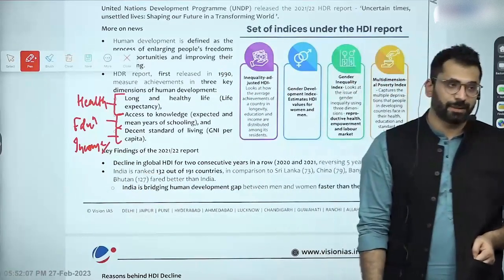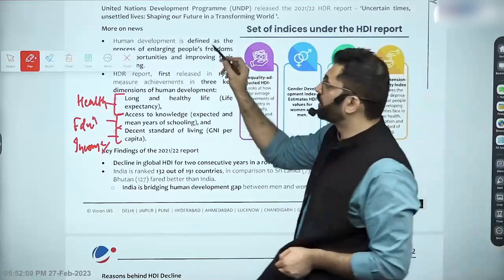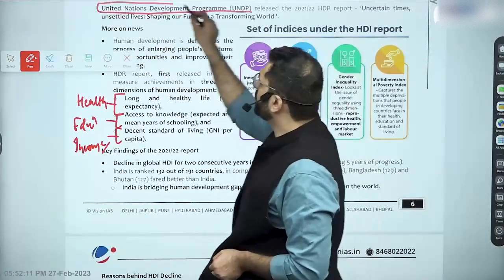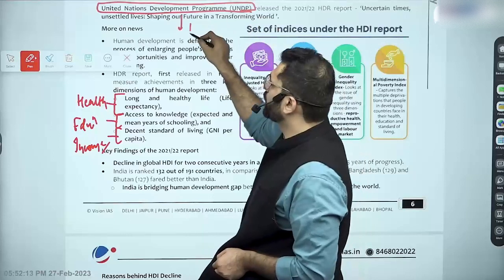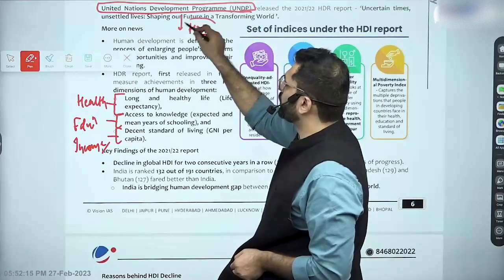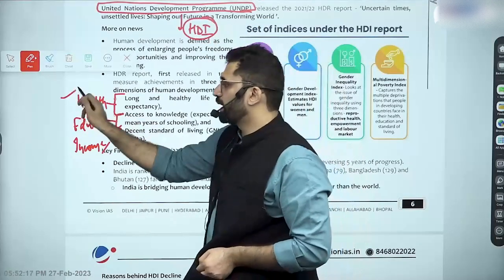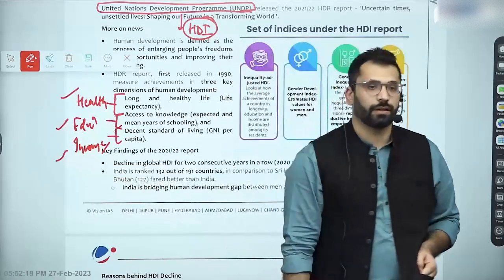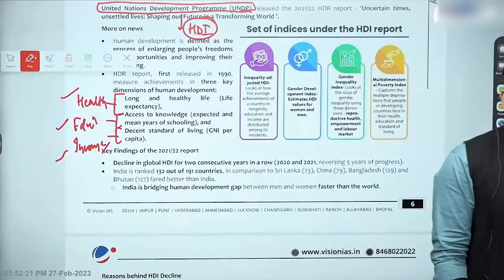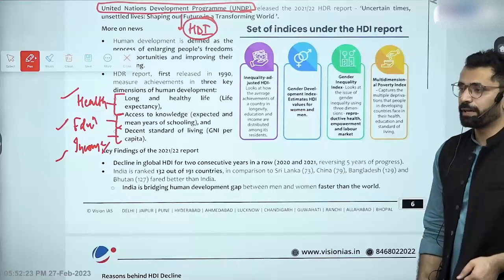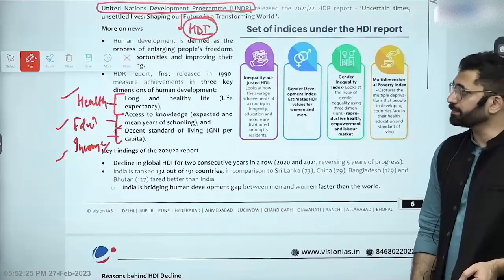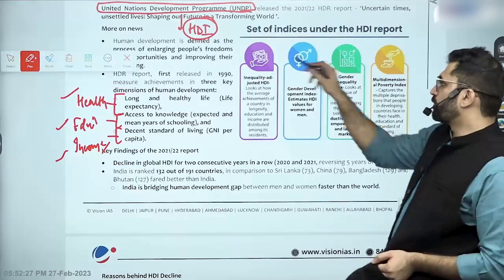So 3 dimensions according to the UNDP report. The Human Development Index of the UNDP report covers health, education and the standard of living, which is measured through per capita income. These 4 indices are important.